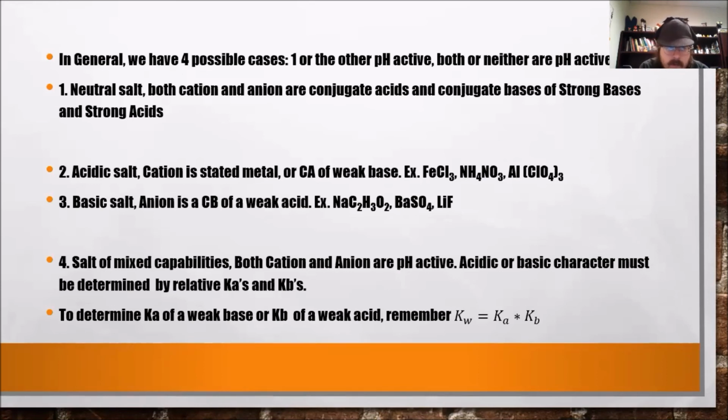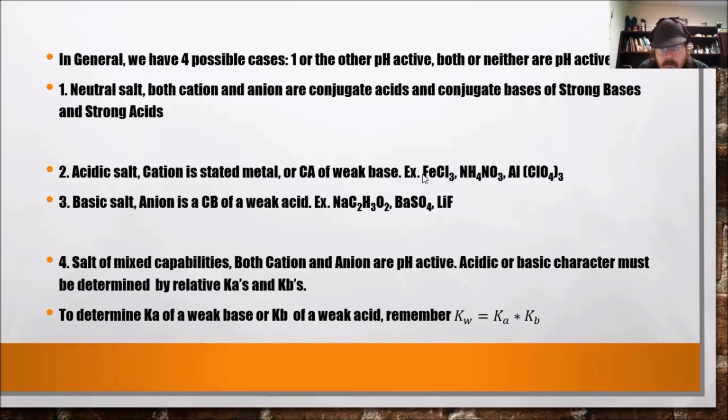Now, acidic salts. If it's going to be an acidic salt, the cation is either one of those stated metals, or the conjugate acid of a weak base. So iron, but it could be ammonium.